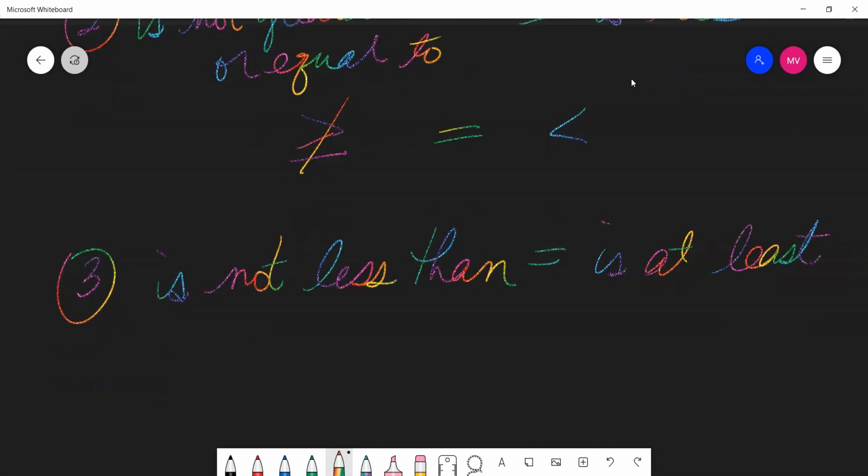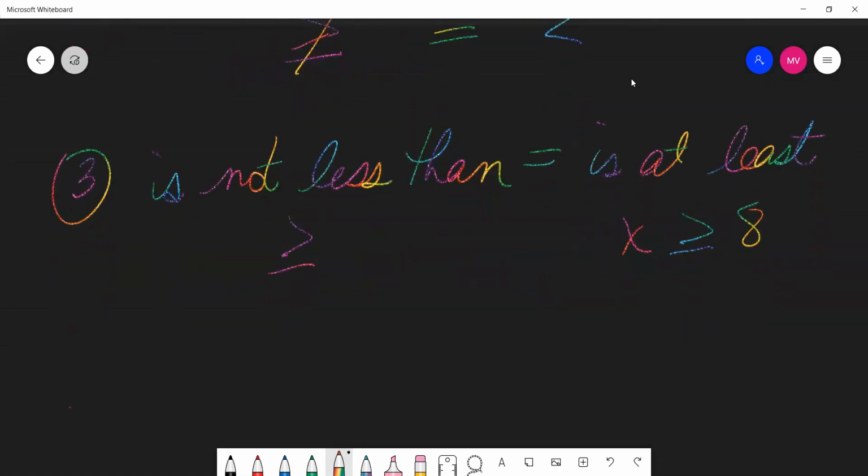What symbol is that? If x is at least 8, greater than or equal to. Yes, which is hard. It's the opposite of what you kind of want it to be. When we say it's at least 8, that means it can be 8, but that's the lowest value it can have. So it must be greater than or equal to. It's not less than, so it must be more than or equal to, but it cannot be less than.